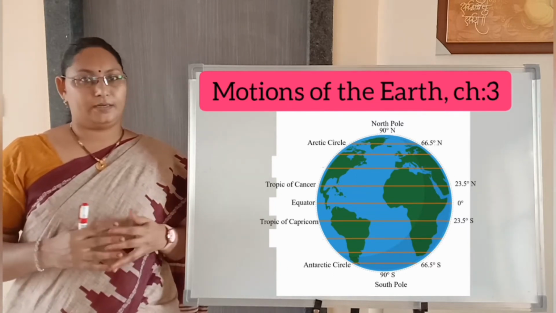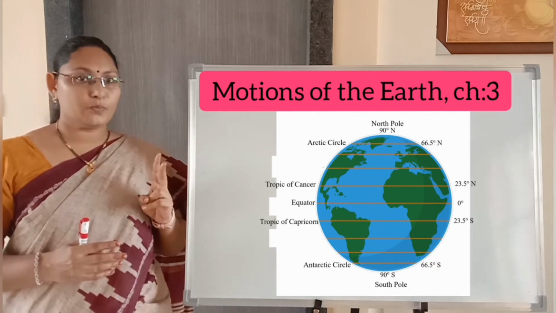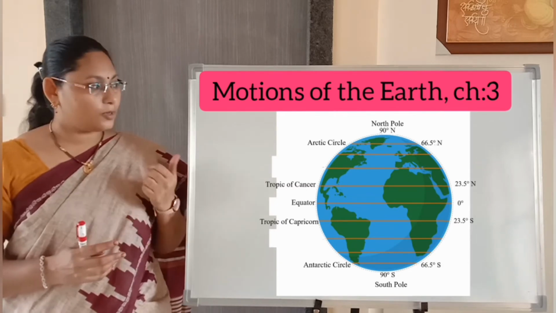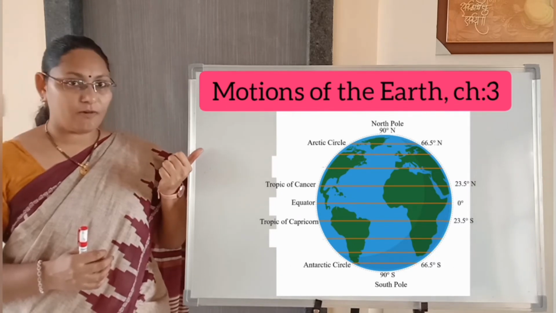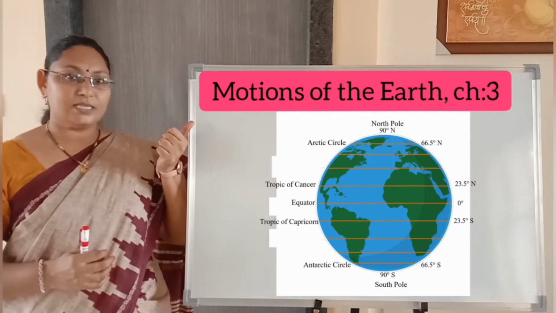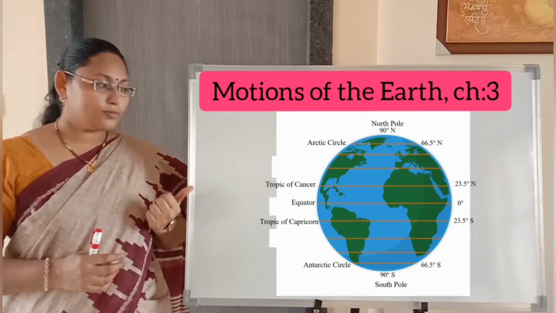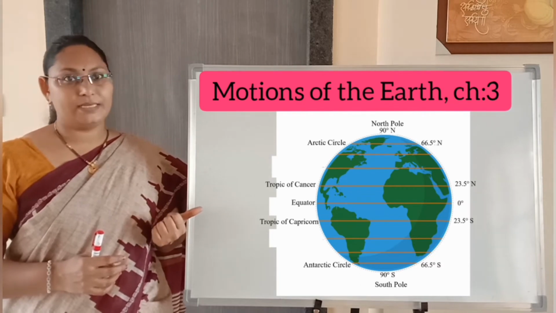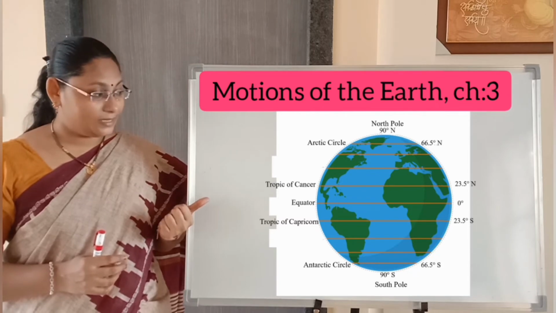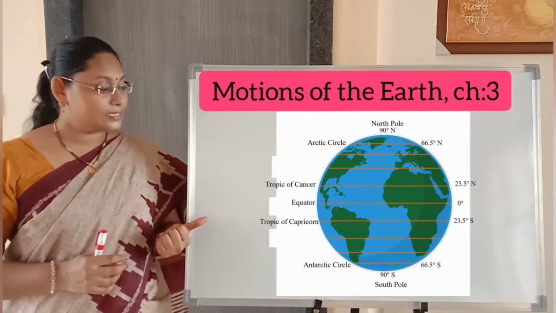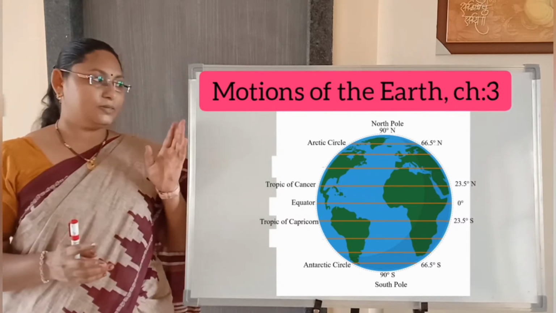Other than the equator, in the northern hemisphere we have two important latitudes: Tropic of Cancer, 23.5 N, and Arctic Circle, 66.5 N. In the southern hemisphere, below the equator, we have Tropic of Capricorn, 23.5 S, and Antarctic Circle, 66.5 S. You are all aware of these important latitudes.